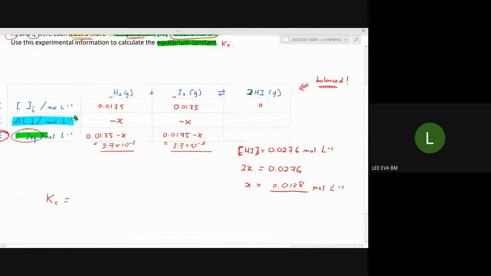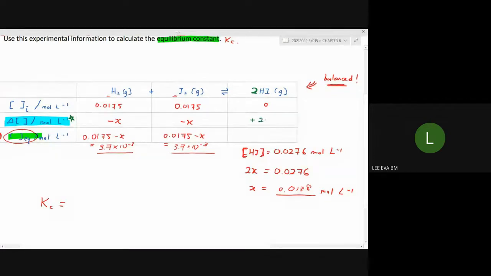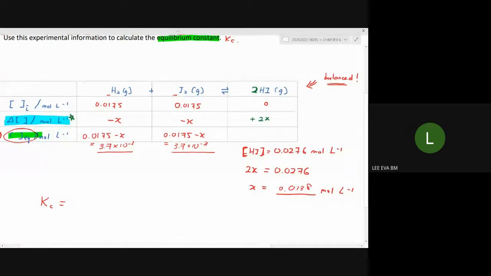So kita tengok pada ratio 2 ini untuk tengok berapa banyak concentration dia akan tolak ataupun tambah. Dia punya kegunaan dekat sini. Okay, so 2 mole of HI will increase by 2 times. So we add 2x over here.